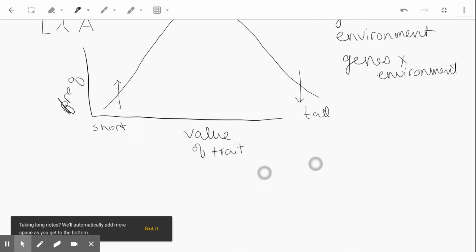Okay. So let's say that we take an individual who's short, and that individual has a twin. Okay. And we're going to put them into two different environments.